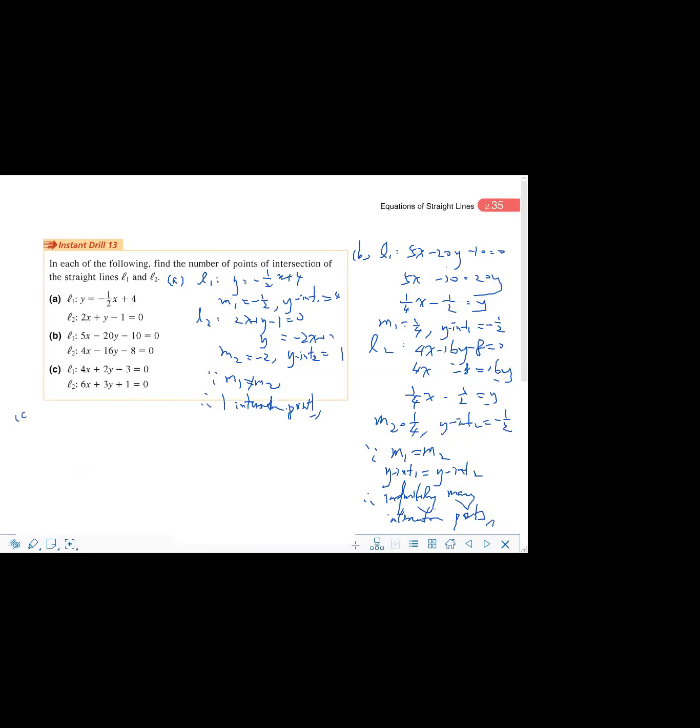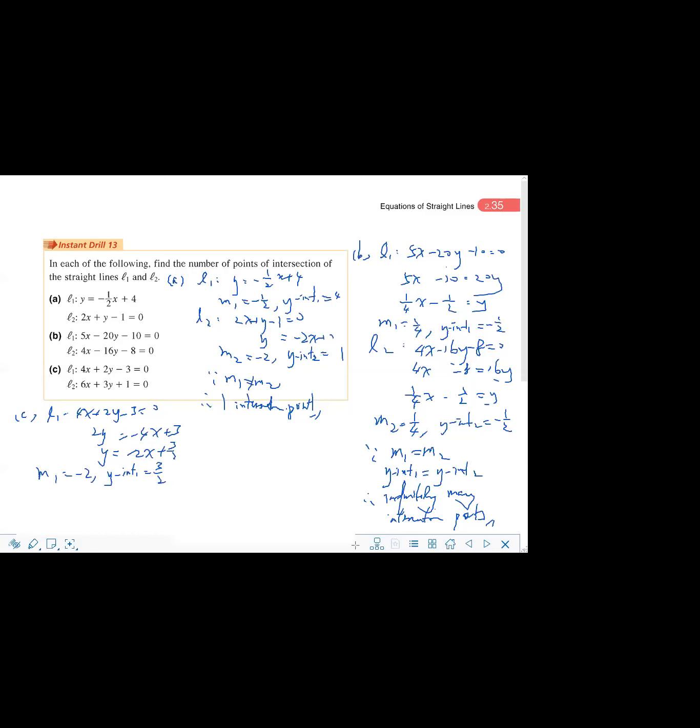For part C, L1 is 4x plus 2y minus 3 equals 0. Keeping y terms to the positive side and dividing, M1 is equal to negative 2, and y-intercept 1 is 3 over 2.